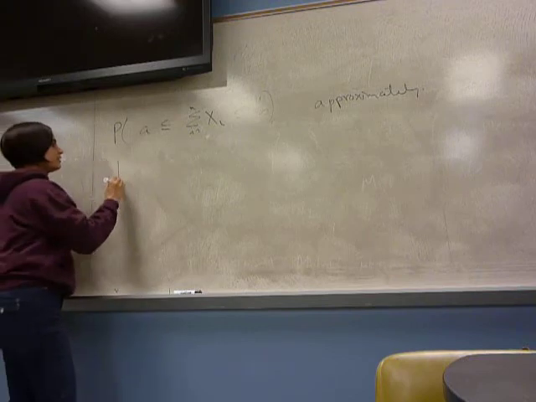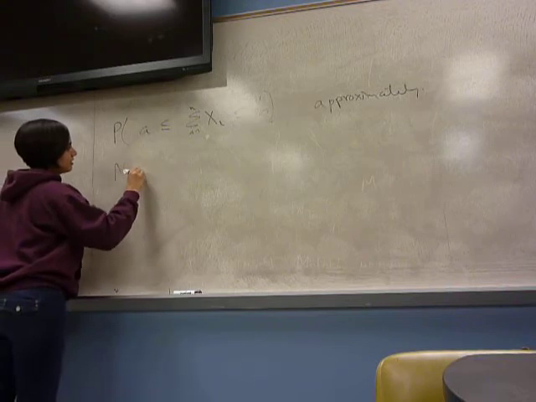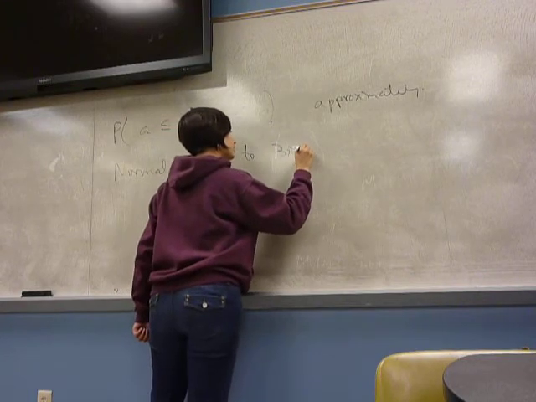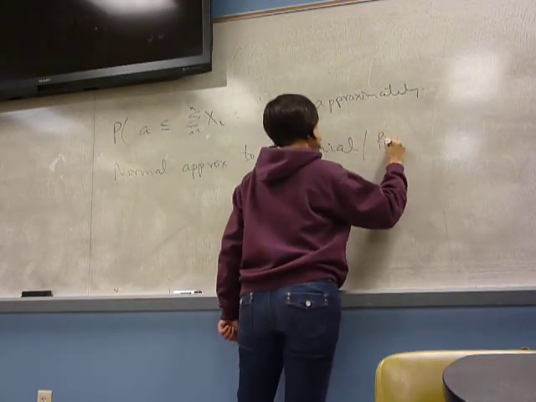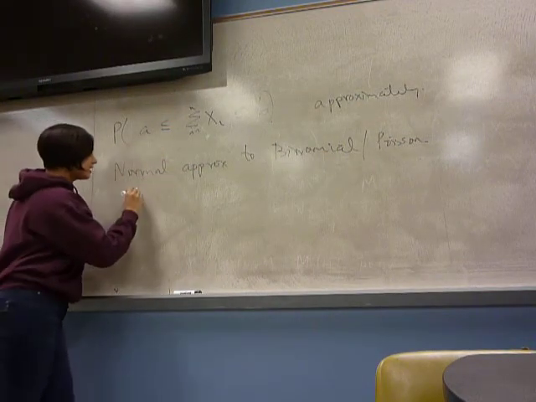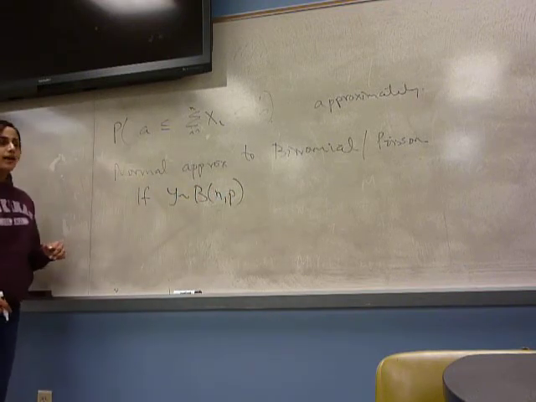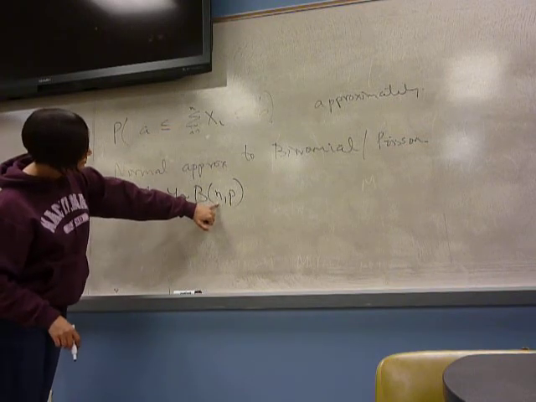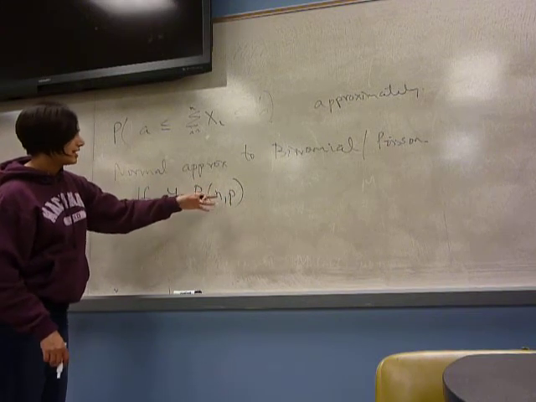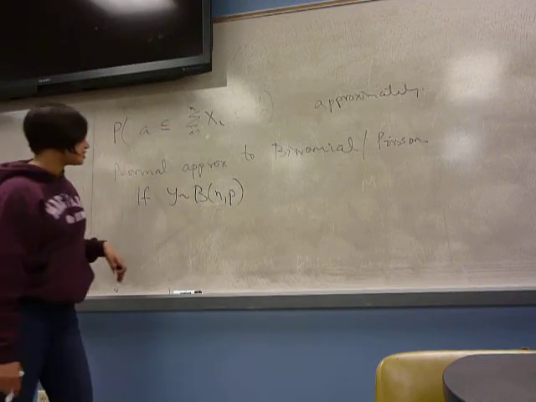It turns out that normal approximation to binomial or Poisson is basically an application of the central limit theorem. And in this case, if y is binomially distributed, I think I've given you conditions of what n should be, np greater than or equal to 5, then you can use the normal approximation.